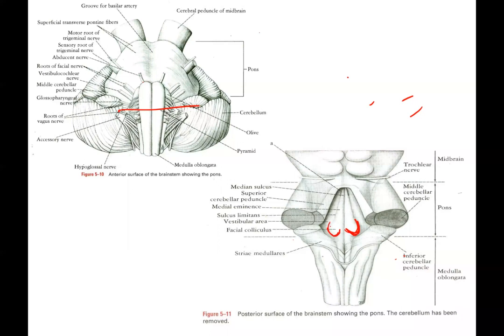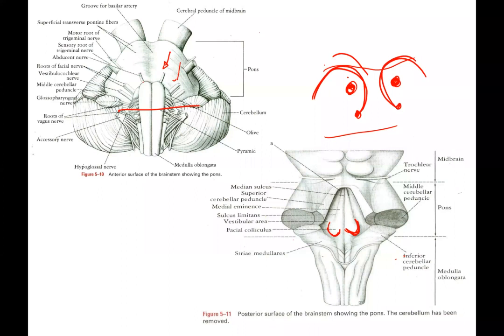This raised area is there because, even though the facial nerve and the abducens nerve arise between the pons and the medulla here, their nuclei are in the pons itself. In the pons, you get one nucleus like this, the facial nucleus, and the abducens nucleus is like this, and the fibers pass from the abducens nucleus like this around the facial nerve, raising this area.